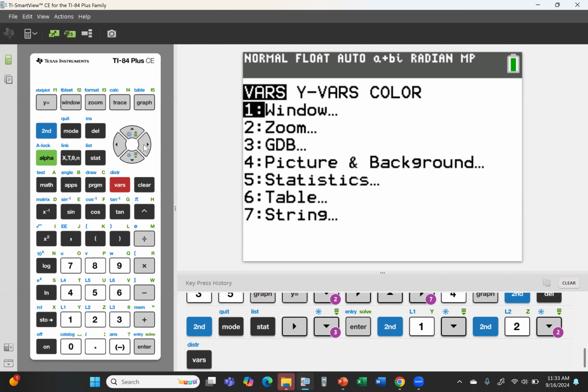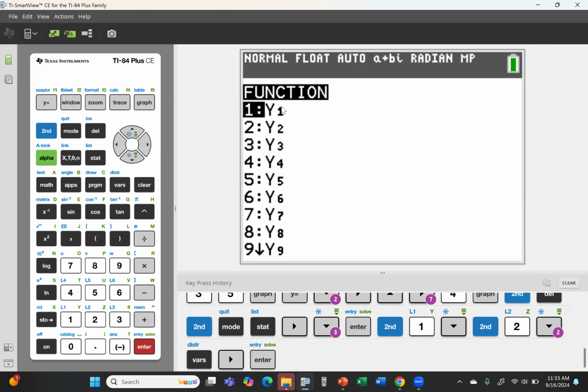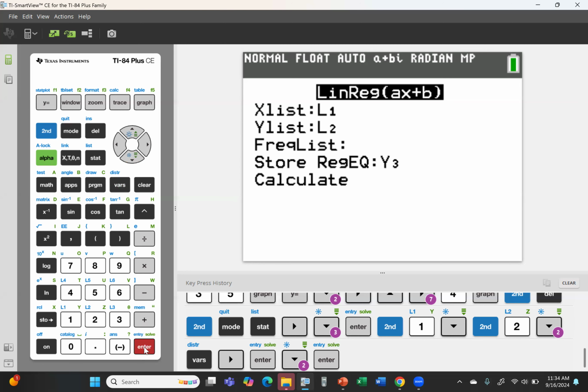You're going to go there. And we are graphing functions. So you're going to go to your function menu. So we go variables, y variables, function. And I'm going to graph that in Y3 because I put stuff in Y1 and I put stuff in Y2 and I want to see everything on the graph. So I hit enter and it's ready.